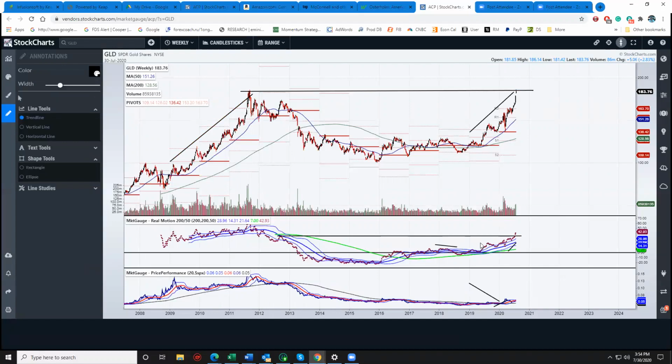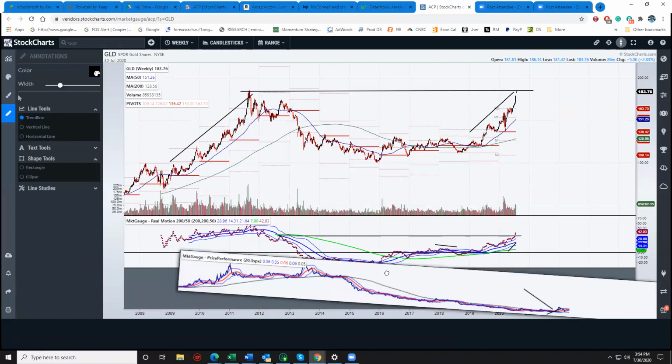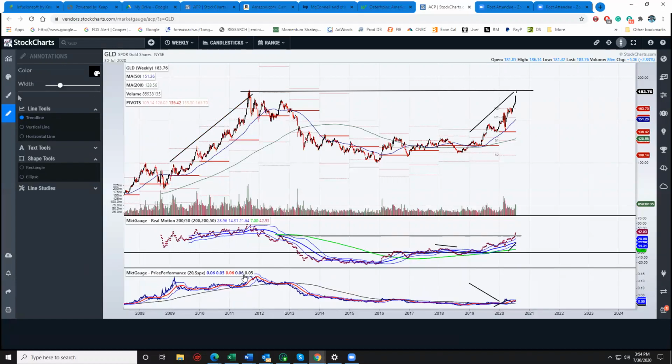But here's the kicker. If you look at where the ratio was between the S&P and gold at the peak, literally, it was triple.